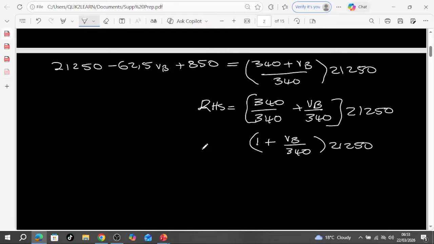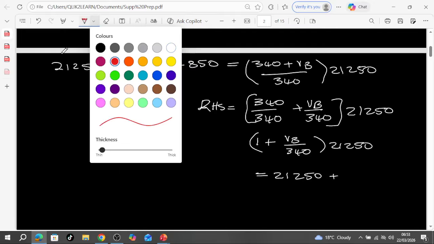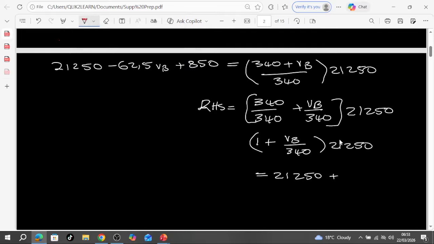So now when we multiply out the brackets, we get 21250 plus what? Guys, we multiply the bracket like this. I think we did this in the previous lesson. 21 times that is this, and then we multiply this by that. I know that this is going to be 6.25.